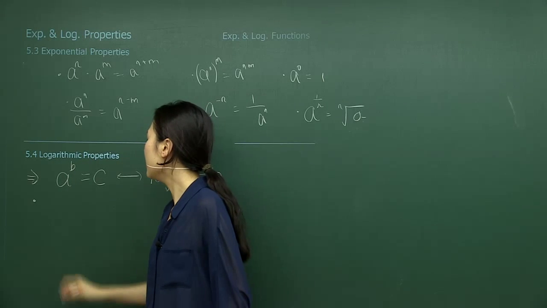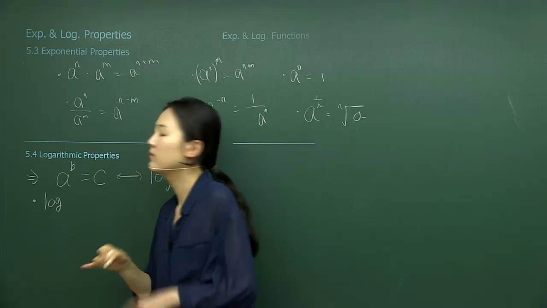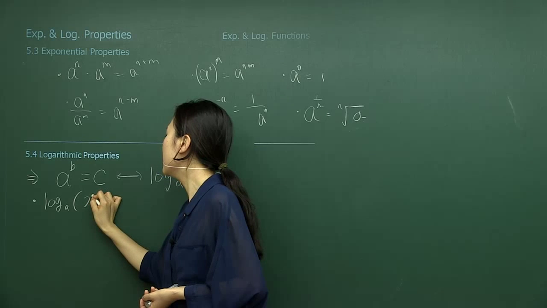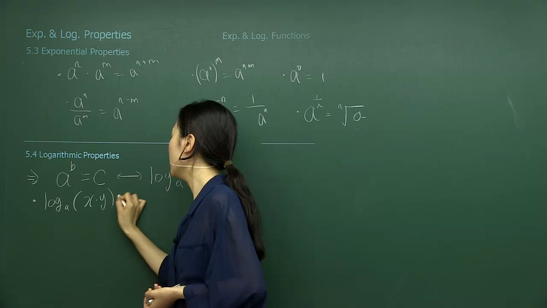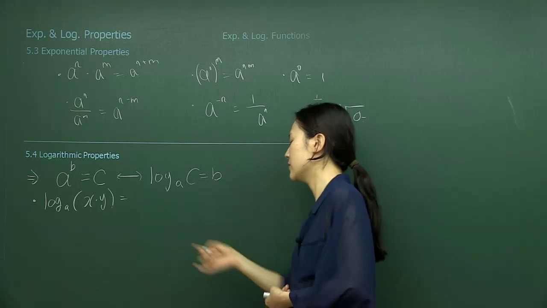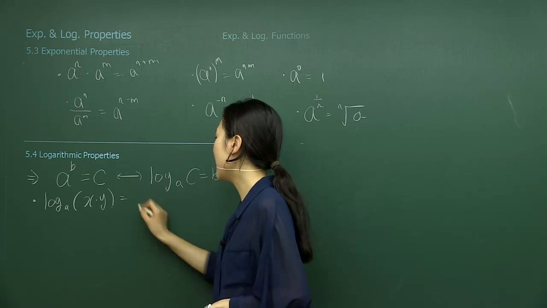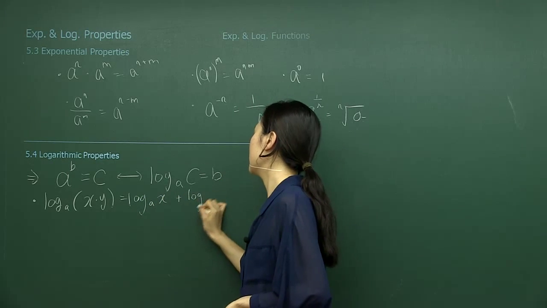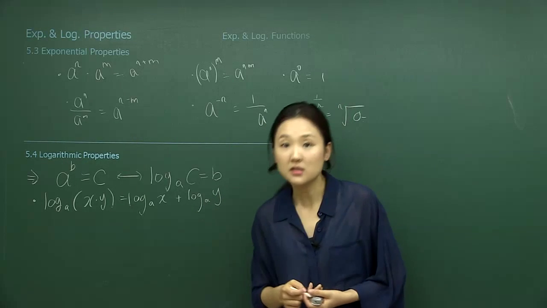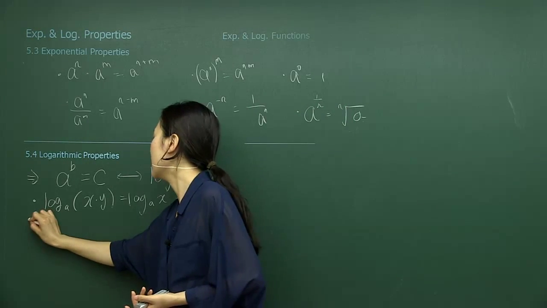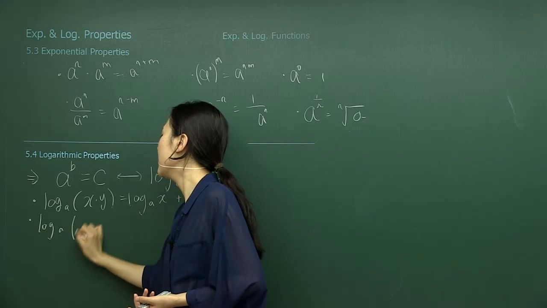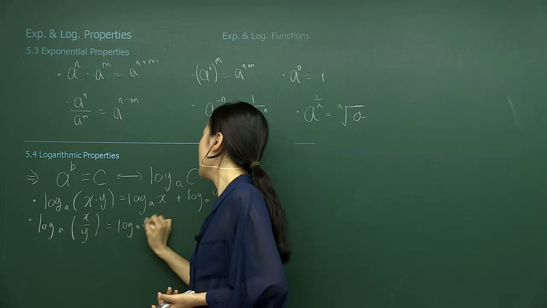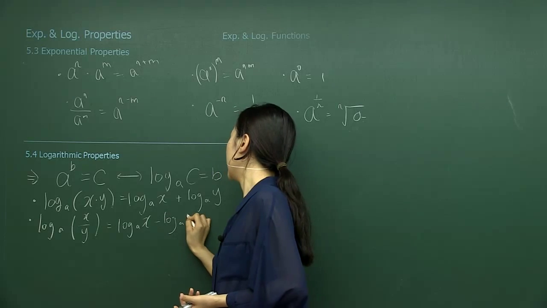Now, properties: when you have log with some base a, and you see two values, or a value and a variable, or two variables being multiplied, you may expand them out into two separate logs with the same base as a sum. Second, similar, but this time if they're divided, you may expand this out as a difference.